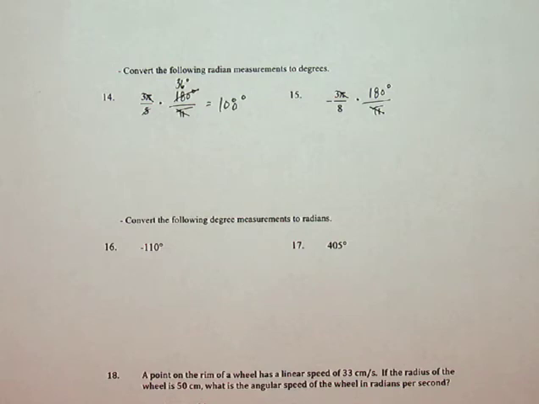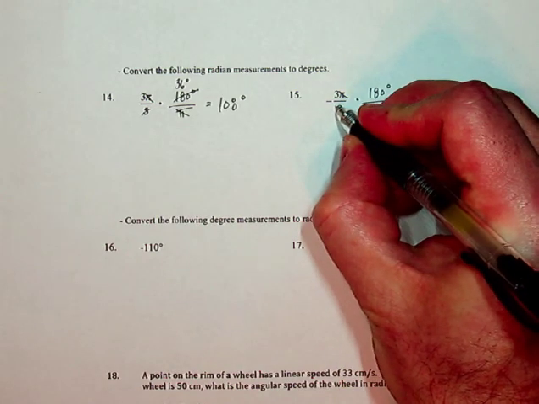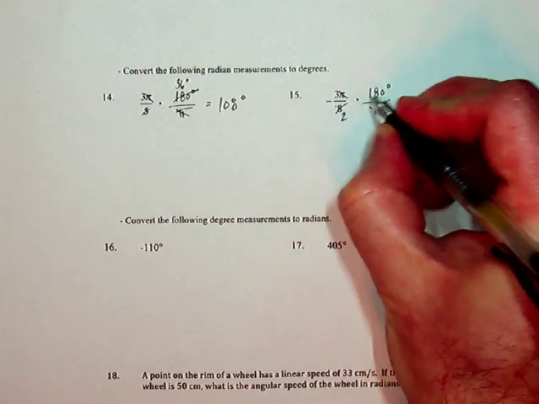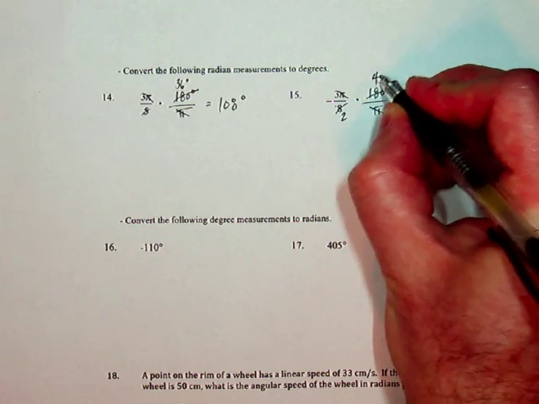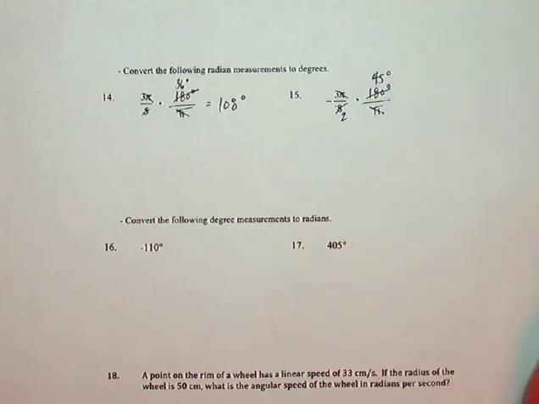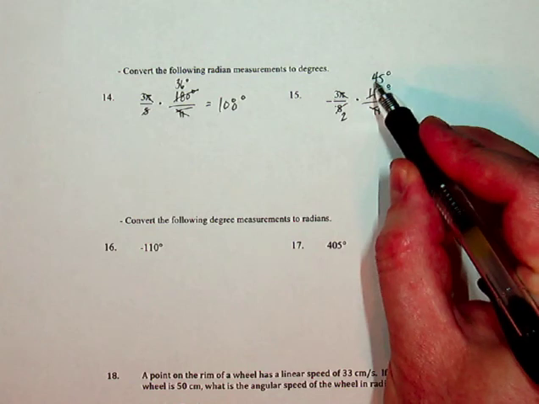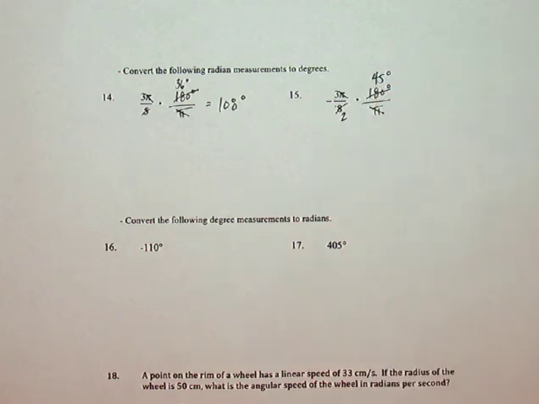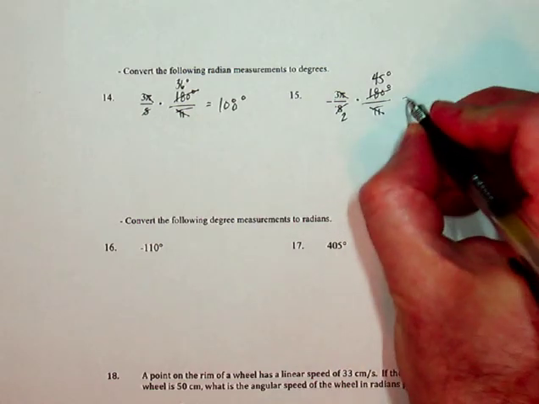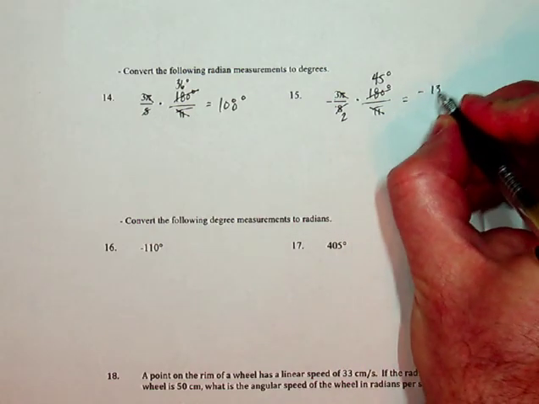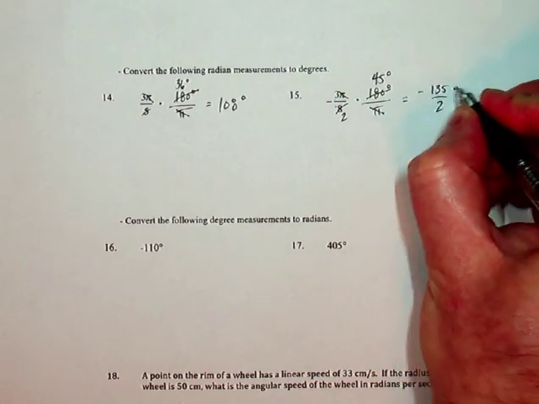Half of 90 is 45, and oops, we have a problem there. So 8 doesn't actually go in evenly, but 4 does, okay? And so we get negative 3 times 45, and negative 3 times 45 is negative 135. Negative 135 halves degrees, okay?